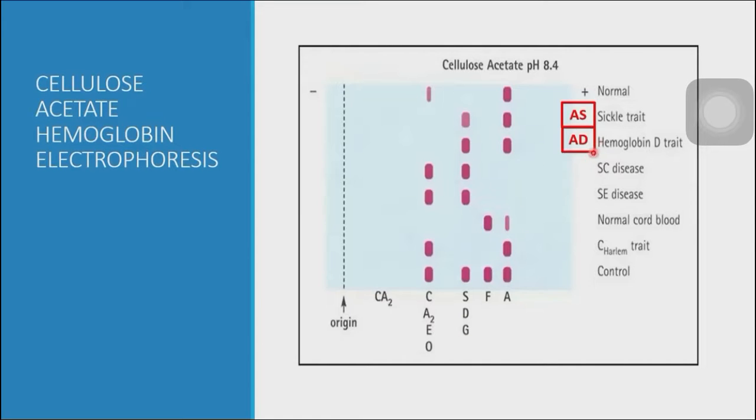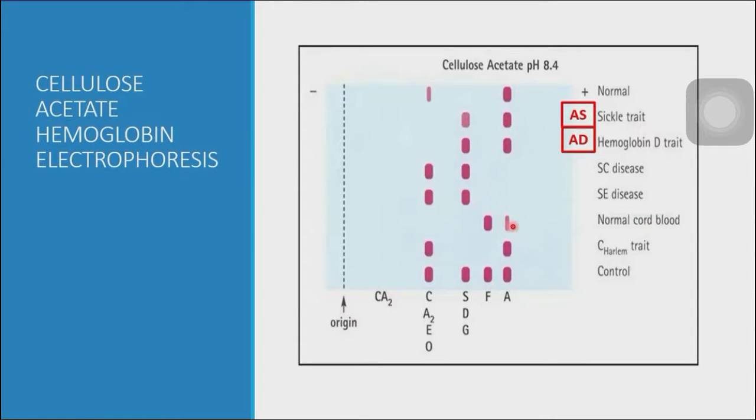Okay? For SC disease naman, since just from the name itself, may laman siya ng hemoglobin S and hemoglobin C. Okay, having both bands on hemoglobin S and C. Okay, for SE disease, just from the name itself, S and E, may presence sa S at E portion. For normal cord blood, okay, again, may presence ng A at F. So kung mapapansin, mas thicker yung band with hemoglobin F because again, the normal hemoglobin present in fetus, of course, hemoglobin F. Okay?